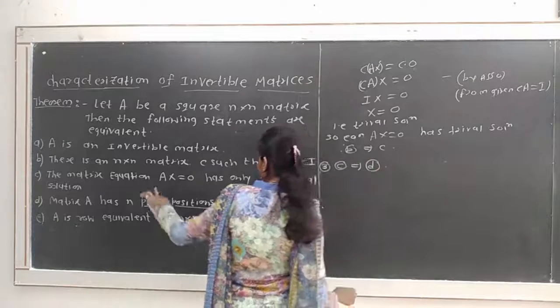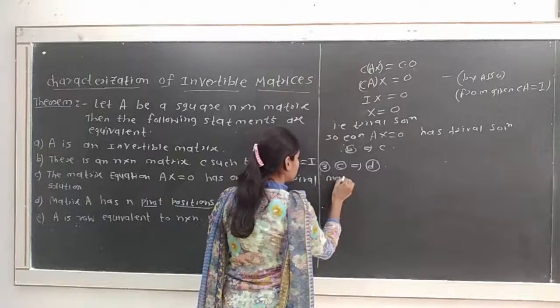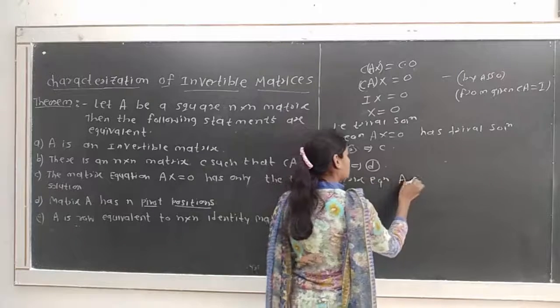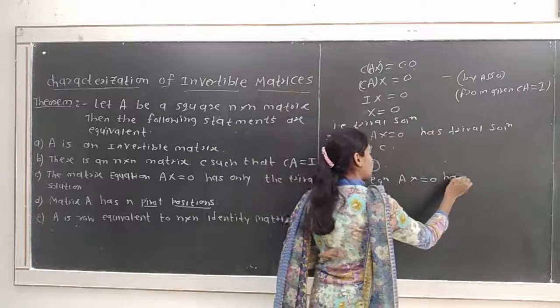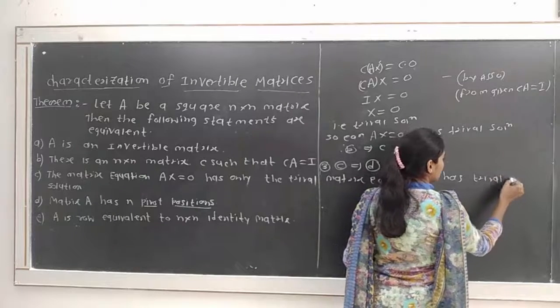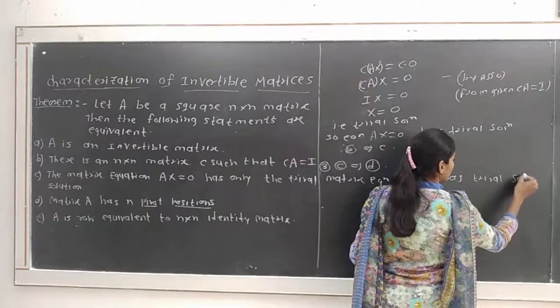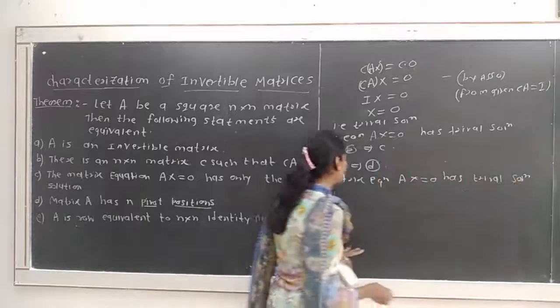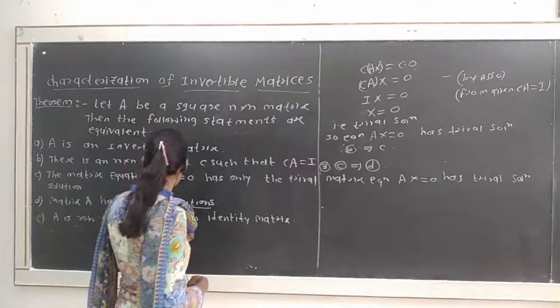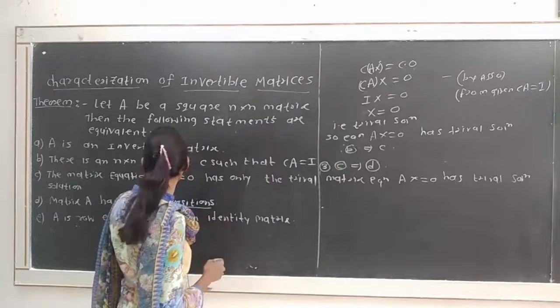Here we consider the matrix equation Ax is equal to 0 has a trivial solution, and from that we want to prove that matrix A has n pivot positions.